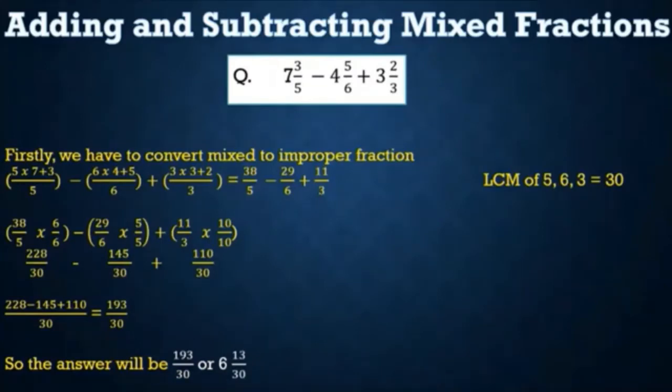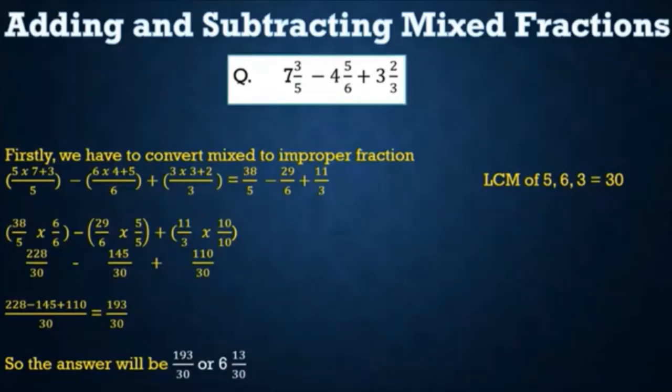Now let us learn about the second way. It will be the same question. Firstly, we'll have to convert the mixed fractions to improper fractions, which is equal to 5 into 7 plus 3 by 5 minus 6 into 4 plus 5 by 6 plus 3 into 3 plus 2 by 3, which is equal to 38 by 5 minus 29 by 6 plus 11 by 3. The LCM of 5, 6 and 3 is equal to 30.